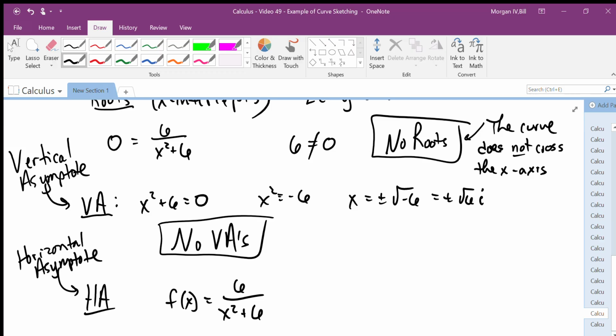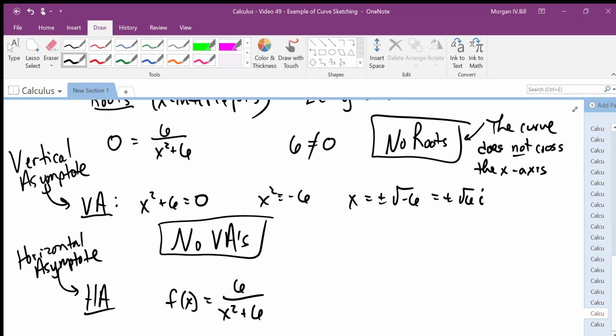And what we're going to see is, as x gets really big, the function value goes to 0. And the rule here is if the degree of the denominator, in our case that's x squared, degree 2, is larger than the degree of the numerator, which here is 0 because there are no x's, we get a horizontal asymptote at y equals 0.